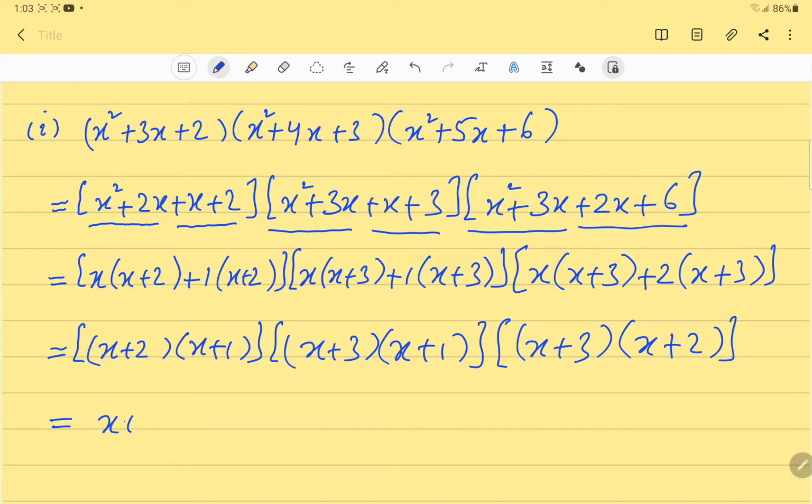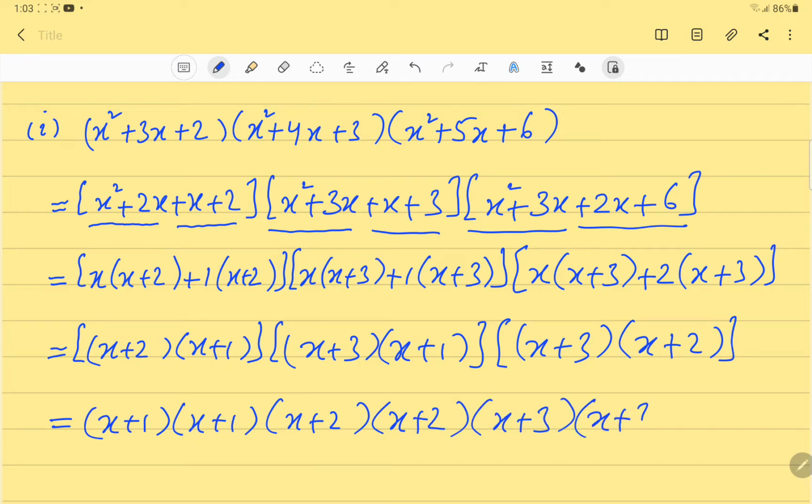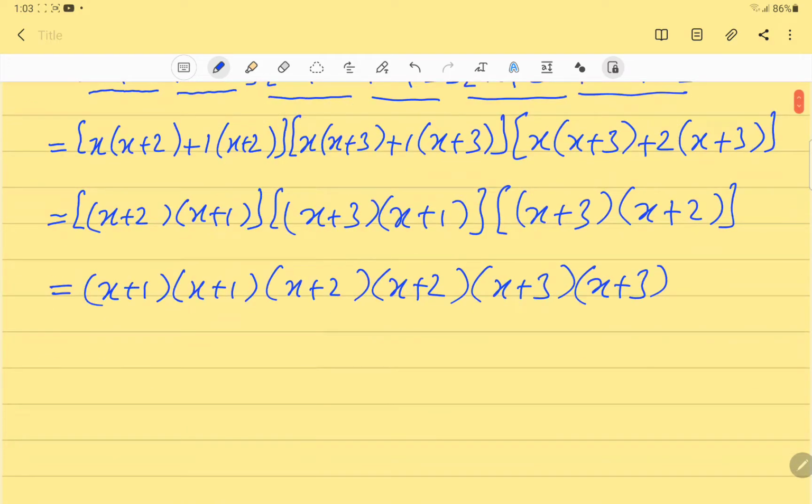So we will combine like brackets, x plus 1 with x plus 1, x plus 2 with x plus 2, and x plus 3 with x plus 3, which means we can write them as their squares: x plus 1 squared, x plus 2 squared, and x plus 3 squared.